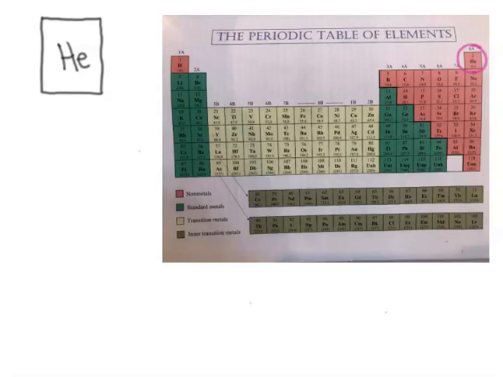So helium. Now above helium's chemical symbol, He, you're going to find a number, and that particular number is known as the atomic number. The atomic number tells us how many protons a particular atom has.